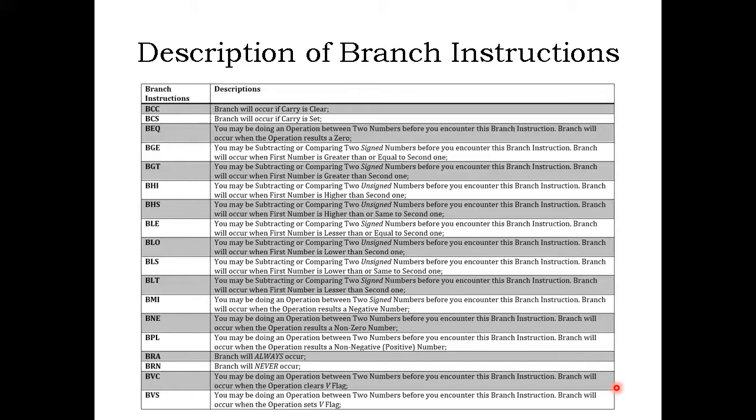But that description is so brief that sometimes it's hard to understand. So I elaborated those descriptions a little bit more so that we understand the branch instructions from the plain English viewpoint, meaning what might be the reason why we are using this branch rather than the other one. Even after this lecture, anytime you need any description of a branch, you can always come here and look at this slide because it has the elaborate descriptions of pretty much all the branches that we have in the instruction set.